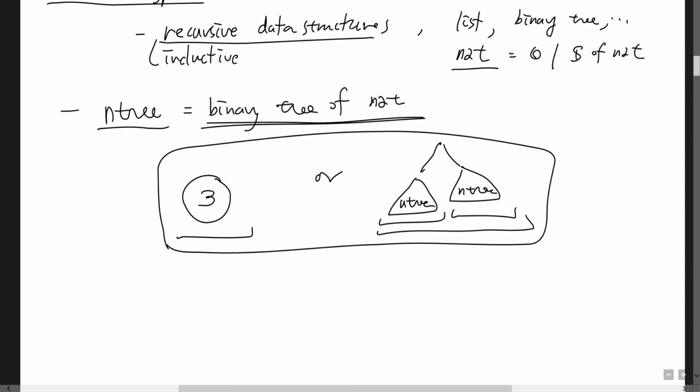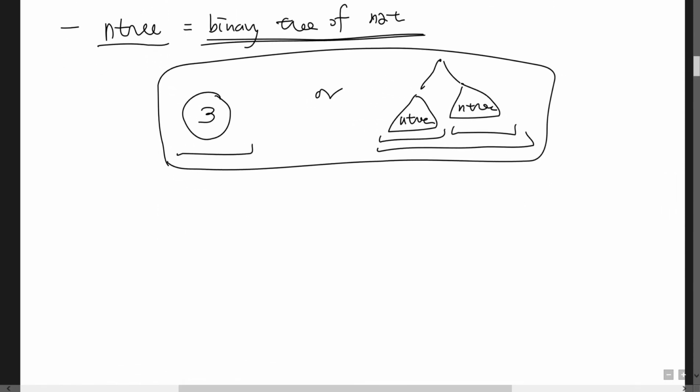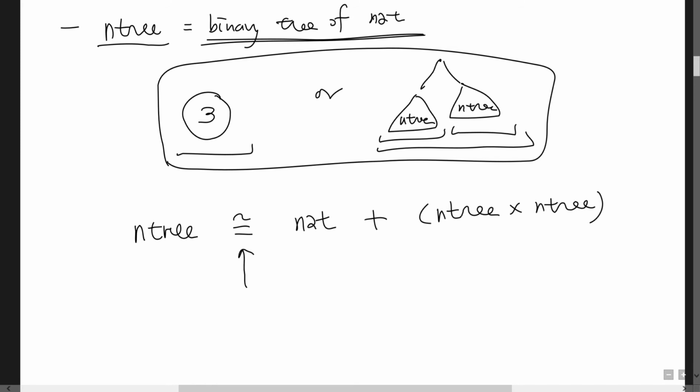So let's start with some informal way of defining this recursive type. Let's consider this equation. net3 is equal to natural number or pair of net3. You may read this symbol as equality or congruence.